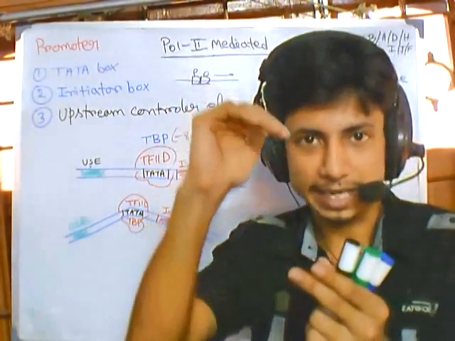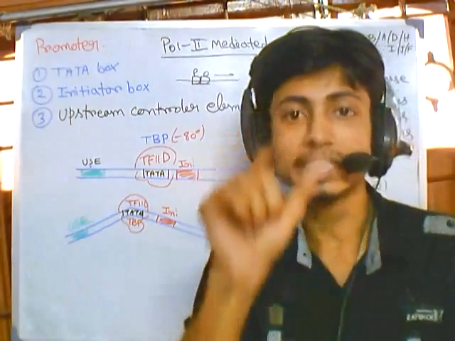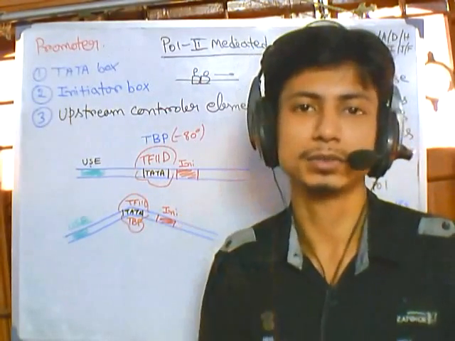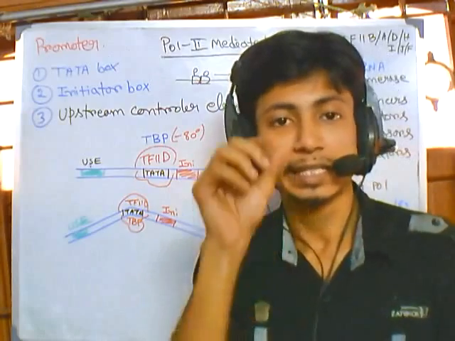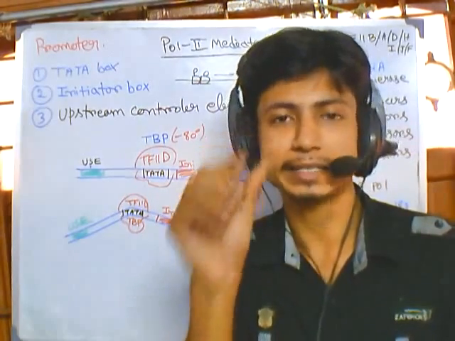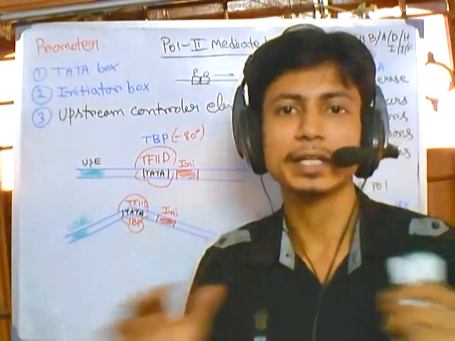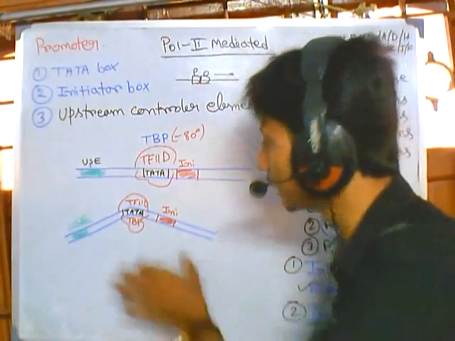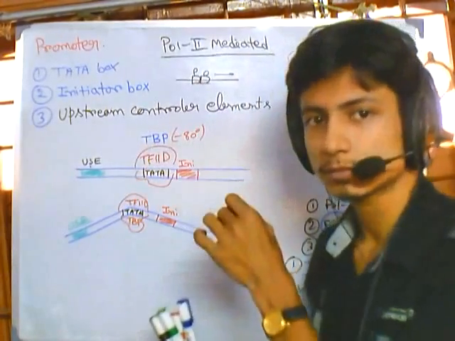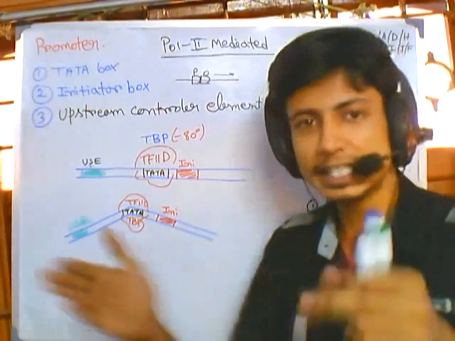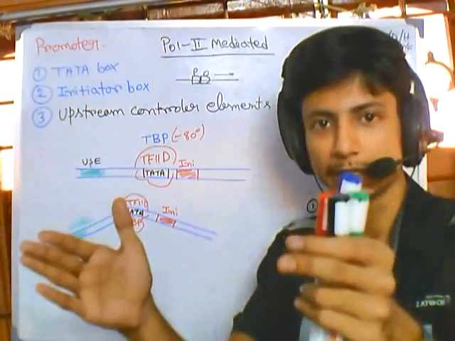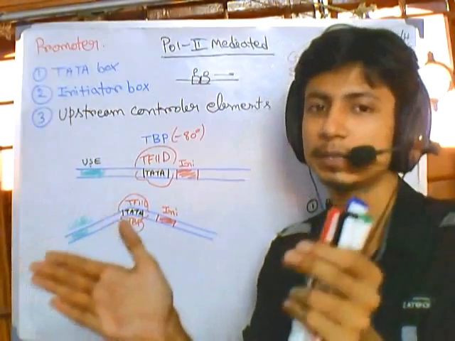As it interacts with the minor groove, the beta strand has a lot of phenylalanine residues. Remember this, polyphenylalanine residues. These polyphenylalanine residues present in this TBF kick the minor groove to be bent, and this kicking is very important.